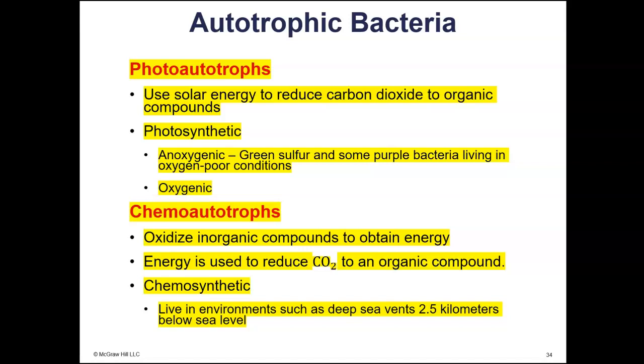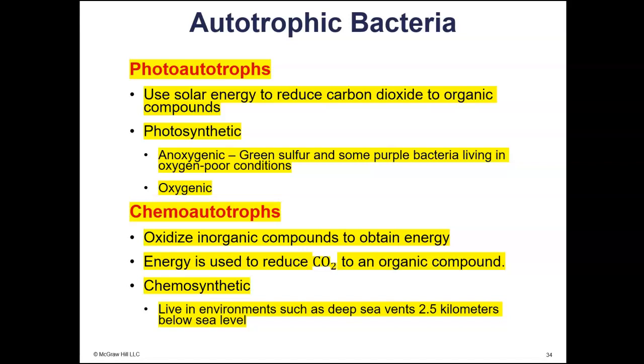Then, if you look at the other way that we talk about their feeding behavior, as far as how they get their energy, you look at their energy source and their carbon source. If we say that a bacterium is a photoautotroph, then it's like a plant. It gets its energy from solar energy or sunlight, and it uses that energy to convert carbon dioxide into carbohydrates.